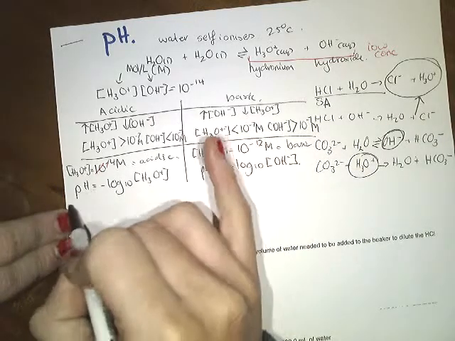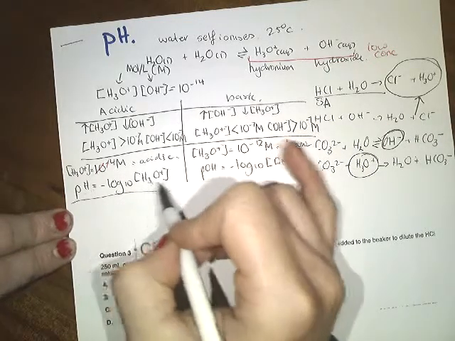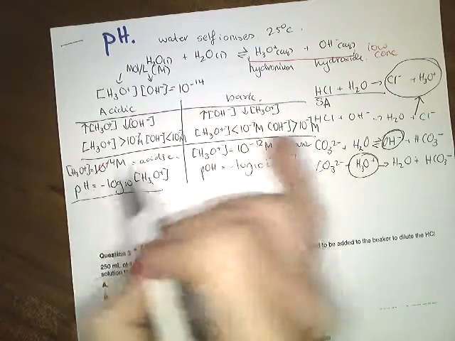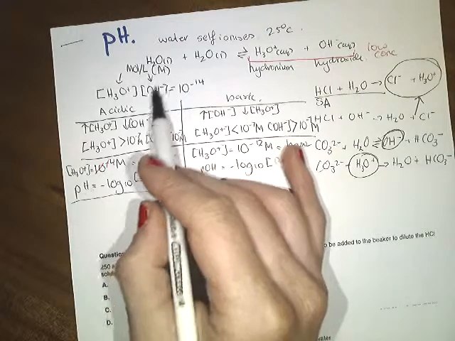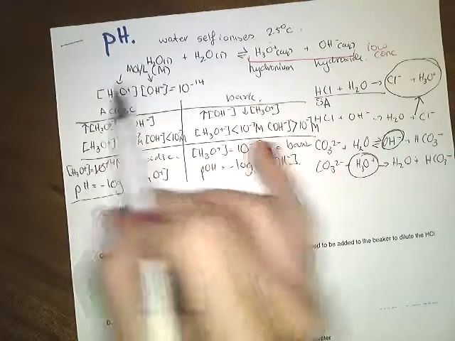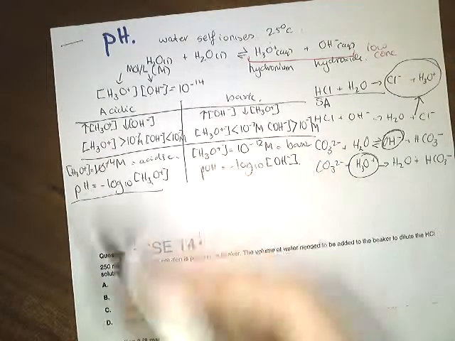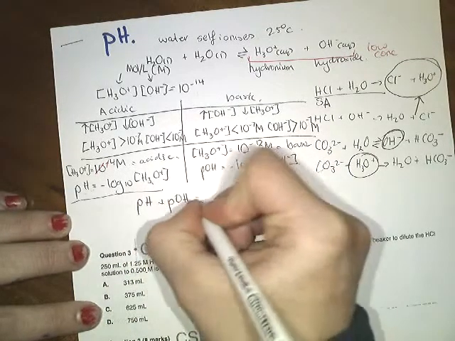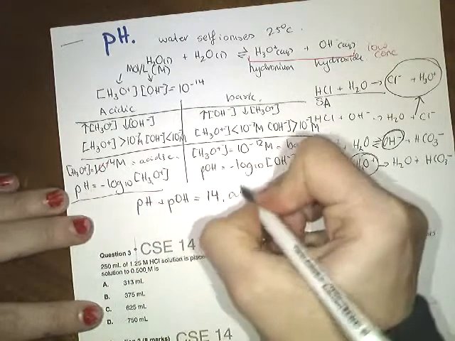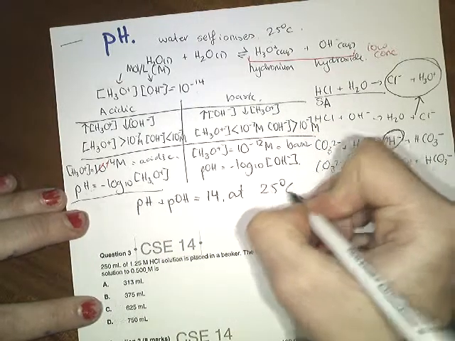So pH equals negative log10 of the concentration of H3O plus, and pOH likewise, so if we take the negative log of this, negative log of that, and negative log of that, we get pH plus pOH equals 14 at 25 degrees Celsius.